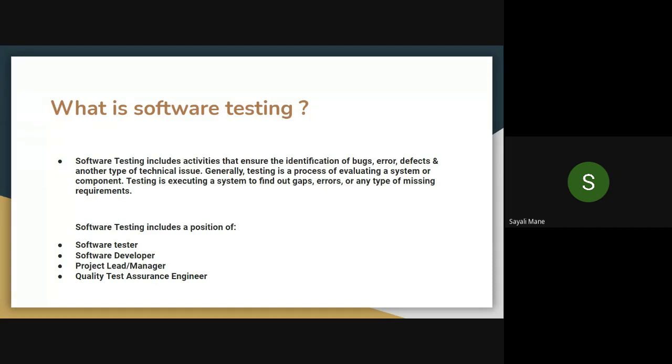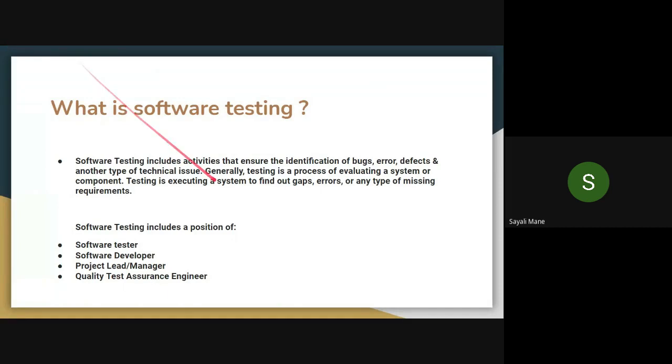If not, in which thing you are lacking, whether you are meeting the client's requirements and expectations. All these things come under software testing. It includes a complete process of executing the components one by one with the help of manual or automated tools.